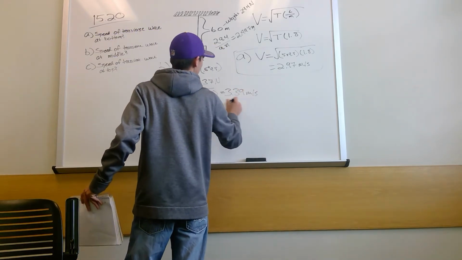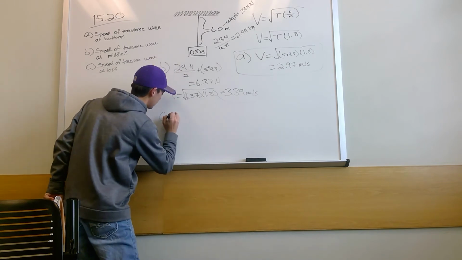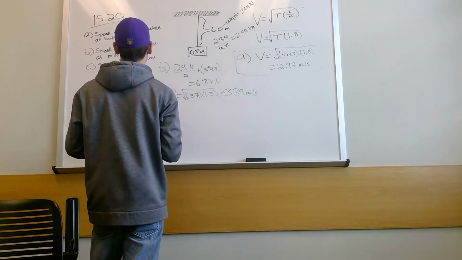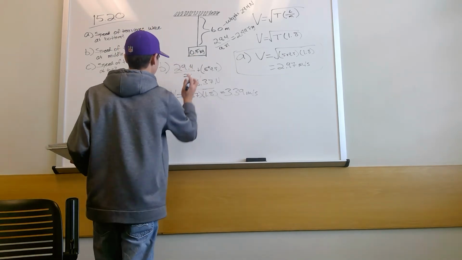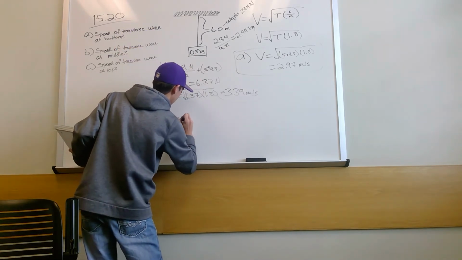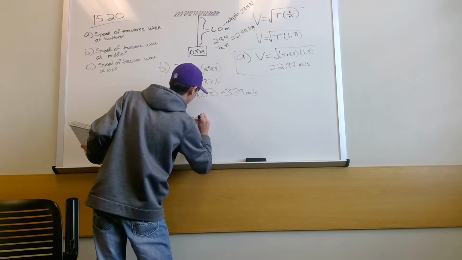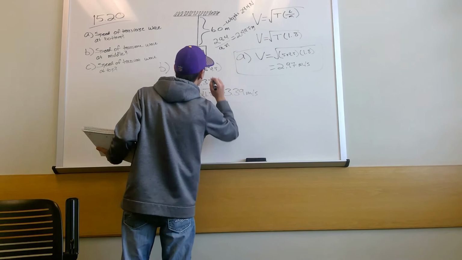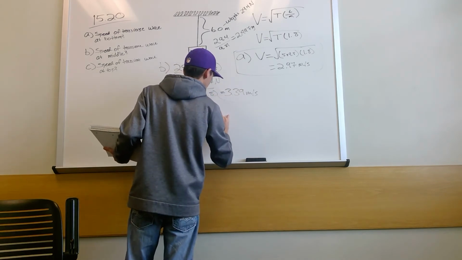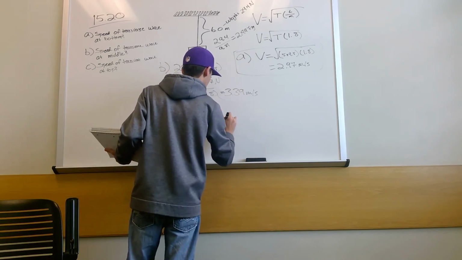And then for part C, we have the speed at the top, and it's going to be the full weight of the rope along with the weight of the mass. So our tension is going to be equal to 29.4 plus half kilogram times 9.8.